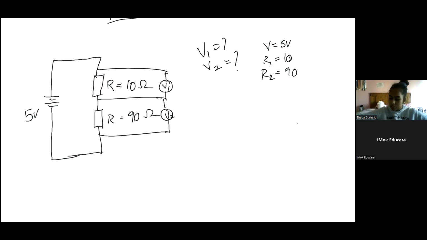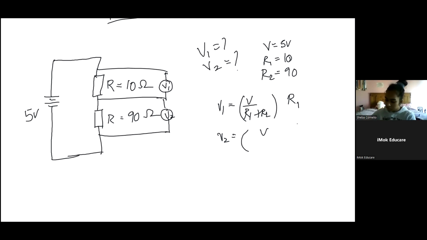So what makes sense is to find V1 equal to V upon R1 plus R2, the whole multiplied by R1. That's the best way, because I know all the three things which are needed. I can easily find V1 and again V2 with the same formula. So it will always depend on what is given and what you are expecting to find out.